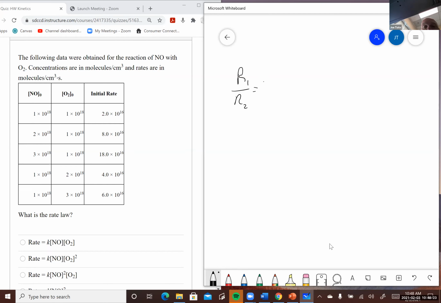For rate 1, we get K times the concentration of NO to the X, O2 to the Y in 1. Divide that by 2.